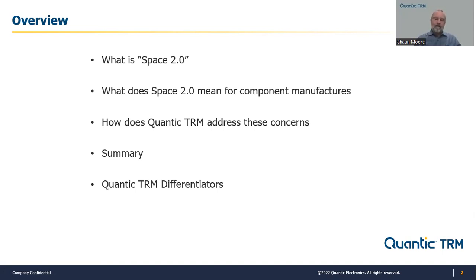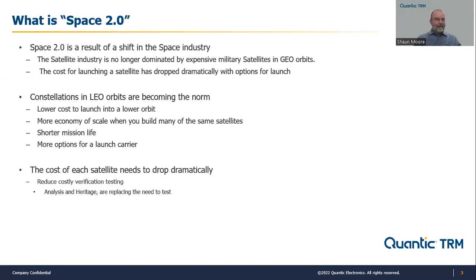Okay, well, thank you. And to get started, what exactly is Space 2.0? Well, that's a good question. So the way that we've defined Space 2.0 here is a migration, if you will, of technology and what's been required for parts for spacecraft.